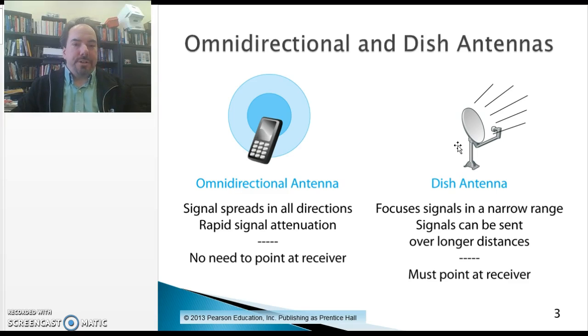So normally I do this exercise in class, but everybody should be comfortable with the antenna. This is a wireless device. It's not Wi-Fi because it's not 802.11, but this sends a wireless signal to unlock your car. So if you're like me and you can't remember where you parked, and you're trying to find your car, but you're not close enough, there is a way to turn this, which is in fact an omnidirectional antenna, into a unidirectional or dish antenna.